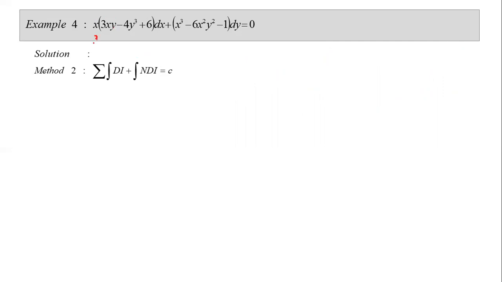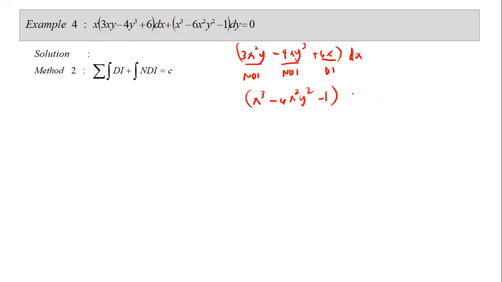Again, this is 3x squared y minus 4xy cubed plus 6x dx. Okay, so this is non-direct, and this is direct integrable because this is x alone. And then for the other term, x cubed minus 6x squared y squared minus 1, again dy.